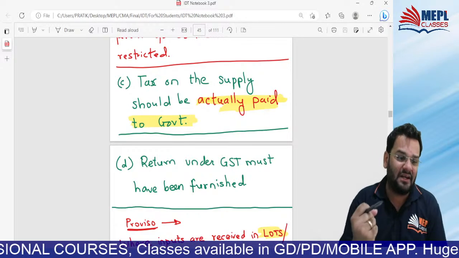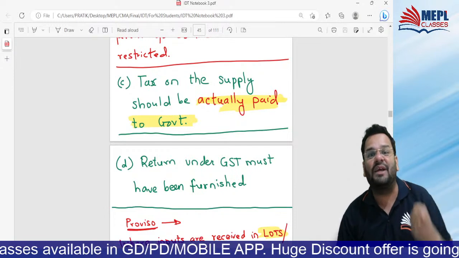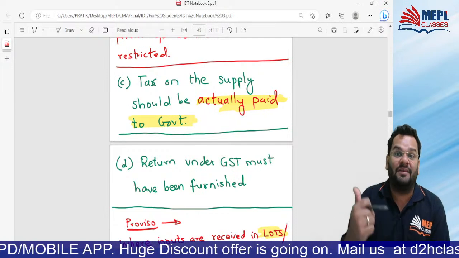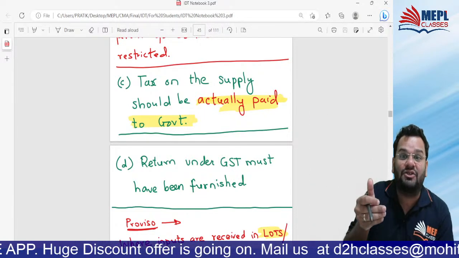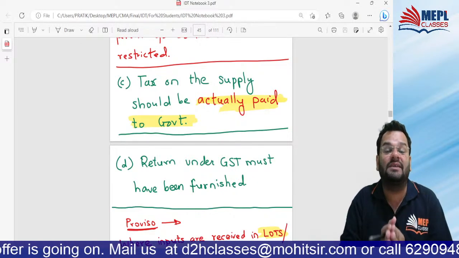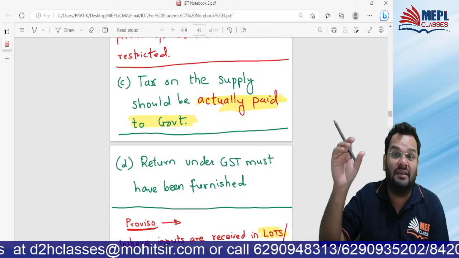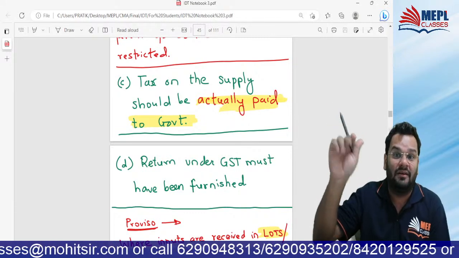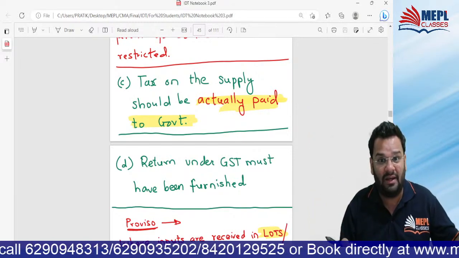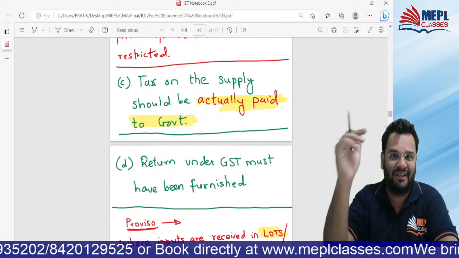The main condition is that the person who wants to claim ITC should be in possession of a tax invoice. The goods or services should be actually received. The details of such invoice should be filed in GSTR 1 by the supplier and should be reflected in GSTR 2A of the recipient of supply.